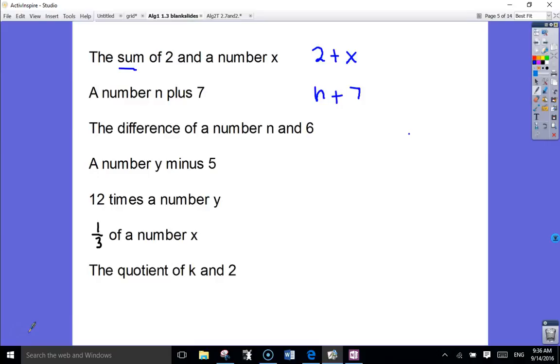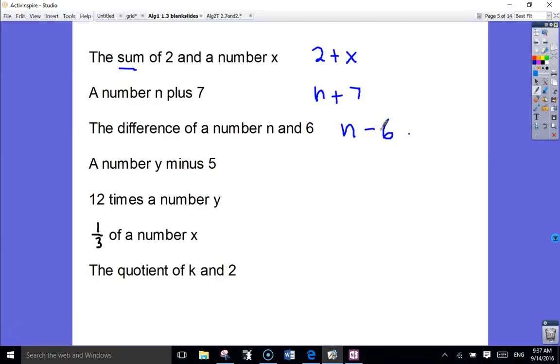Matt has an answer. More than? Okay, what is it? N minus 6. It says the number n and 6, right? So n minus 6. But could you say 6 minus n?